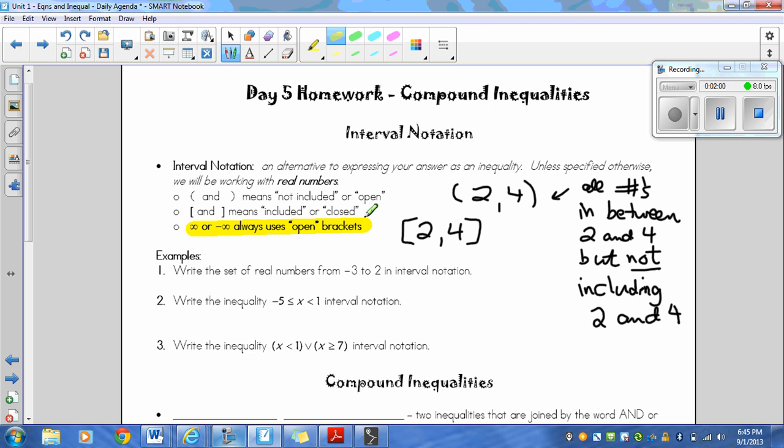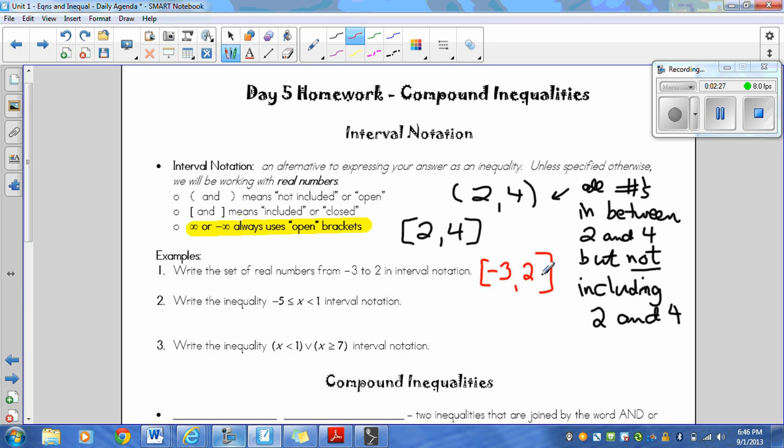So if I wanted to write the set of numbers from negative 3 to 2, and we're including negative 3 and 2, you would say negative 3 to 2. And notice the closed brackets because I'm including those two numbers.